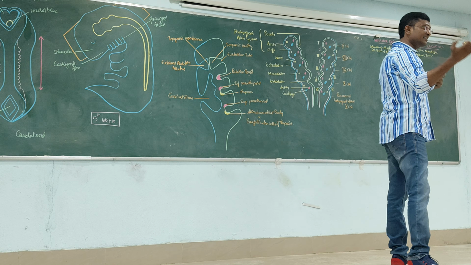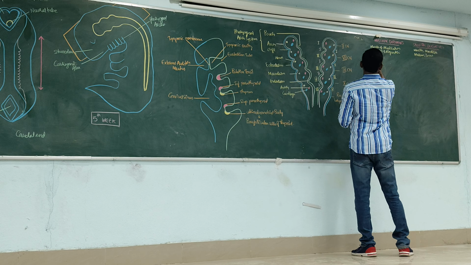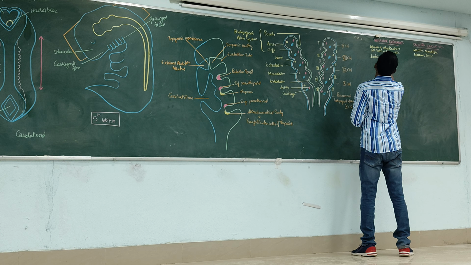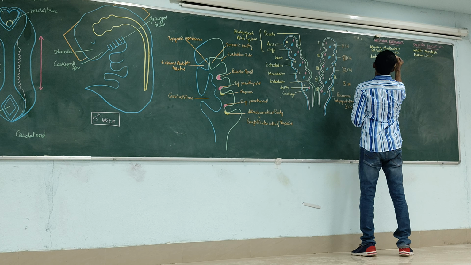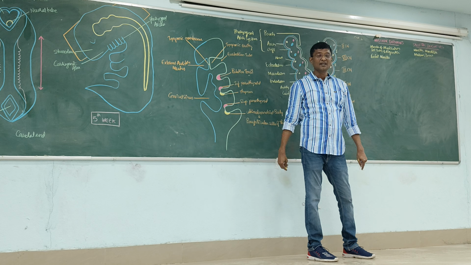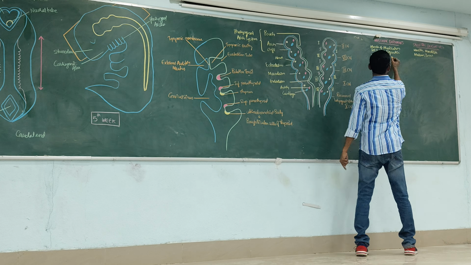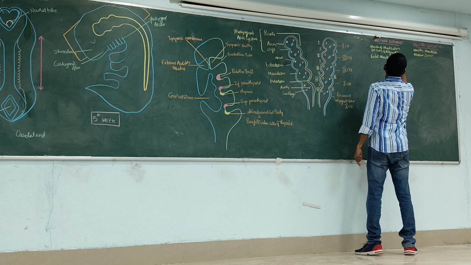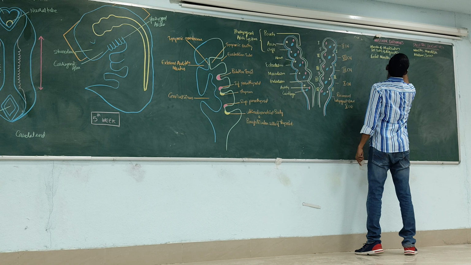Now coming to the second pharyngeal arch, which is supplied by the facial nerve. The name itself is saying facial nerve. I am a facial nerve, so what does it derive? Facial, all the facial muscles. Along with this, it also develops the stylohyoid.